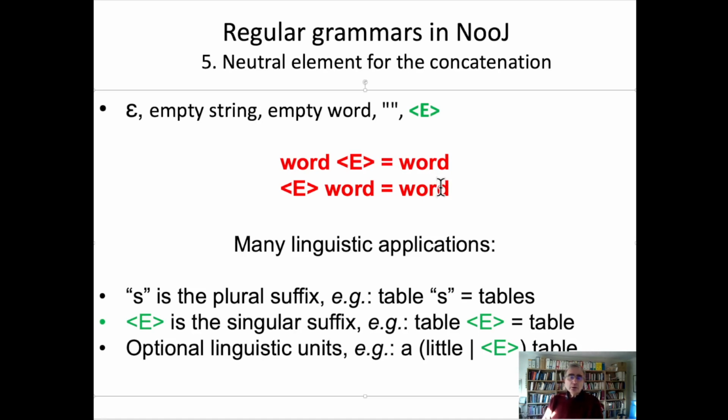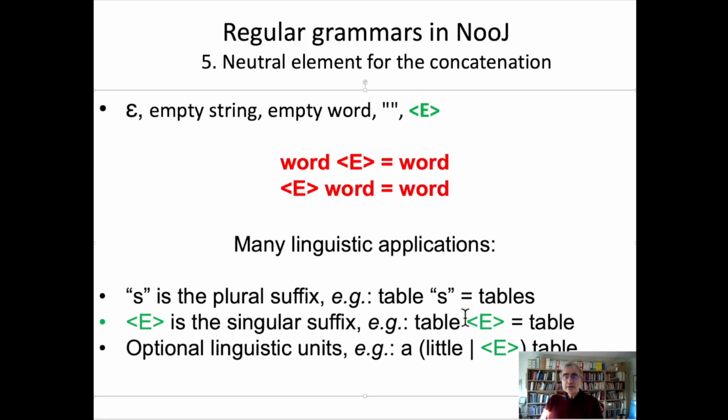For example, in English, we can say that S is a plural suffix. If you have a word such as table and you concatenate it with the suffix S, you get tables. Yes, but then what is the suffix for singular? Well, we will say that table followed by epsilon, by the empty word, is table.